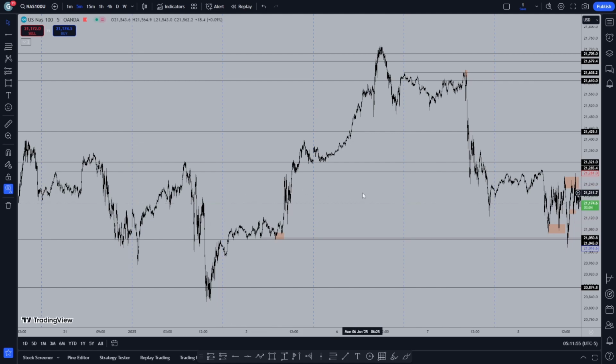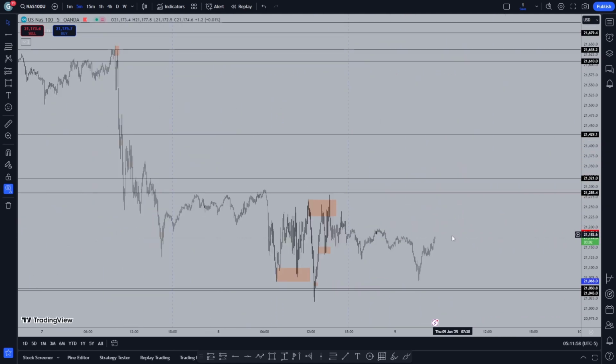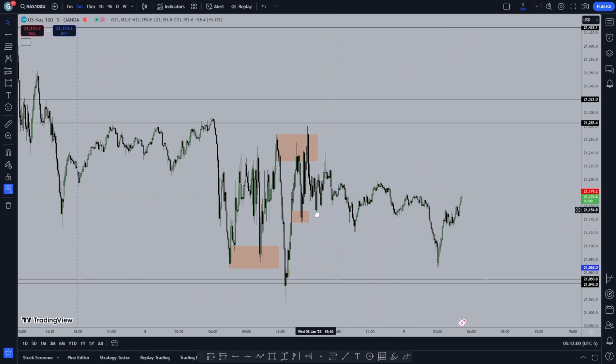But okay, all right. This is what I'm trying to explain, that buy side liquidity and sell side liquidity are found with the supply zone and the demand zone. These are the two things. Now there are some more ways to find liquidity, like by using a trend line.